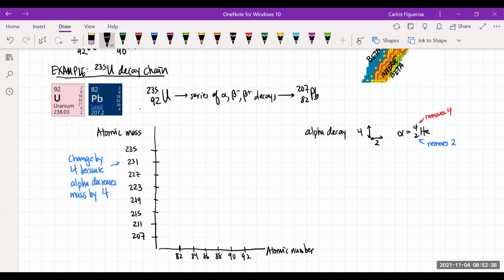And then if I look at a beta decay, it increases protons, whereas an inverse beta decay decreases protons while keeping the mass the same.